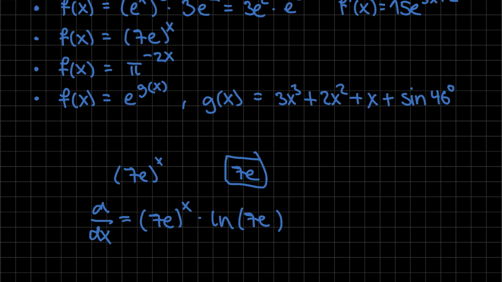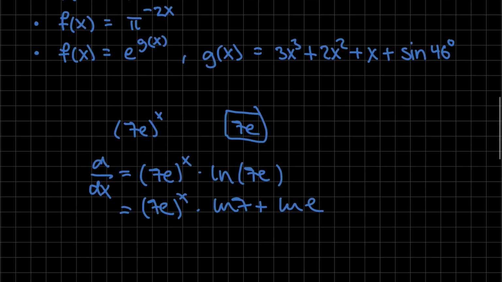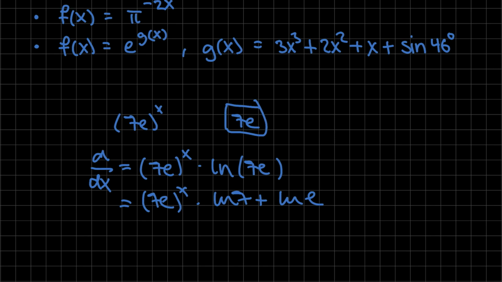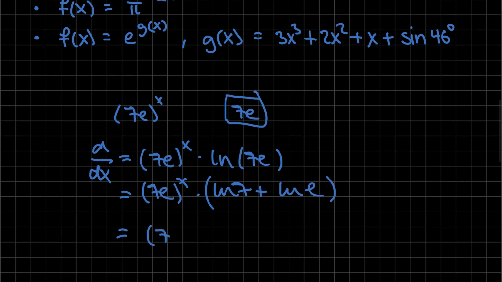And now we can simplify this a bit. So 7e to the power of x times the ln of 7 plus the ln of e, using exponent laws, and I'll need brackets over here. So this is equal to 7e to the power of x times, ln of e is just 1, so times ln of 7 plus 1.